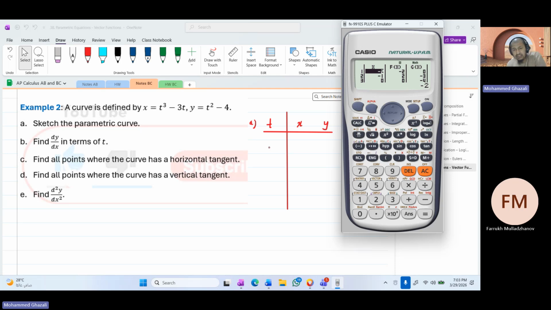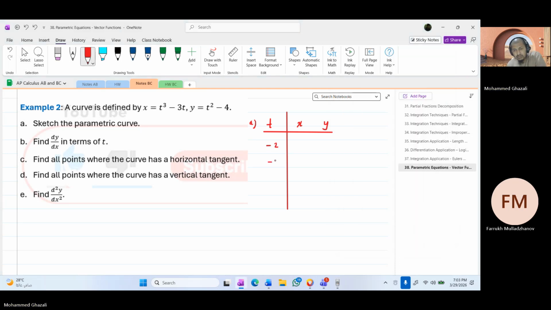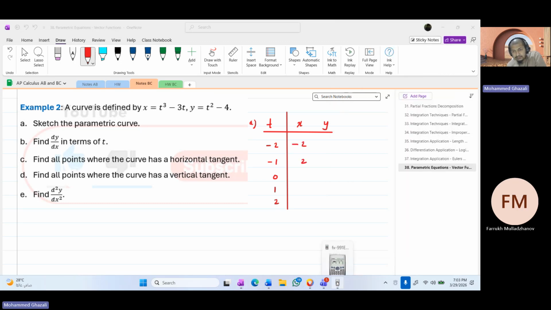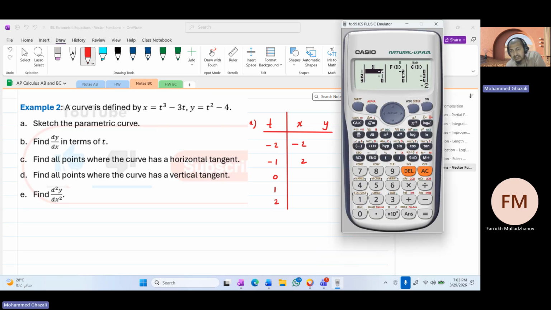So t values, I'm taking -2, -1, 0, 1, and 2. So -2, 0.